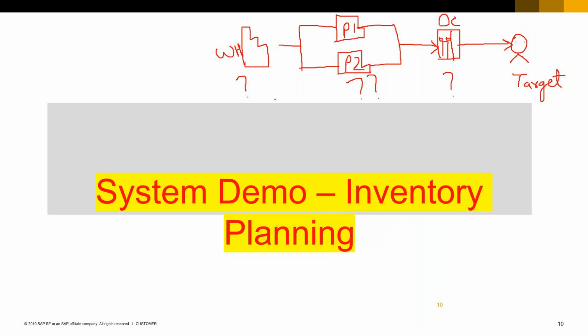So this is a problem statement. Then inventory optimization, when we execute it at each location, tells us how much safety stock it should be, right? So that's the objective of the inventory optimization.